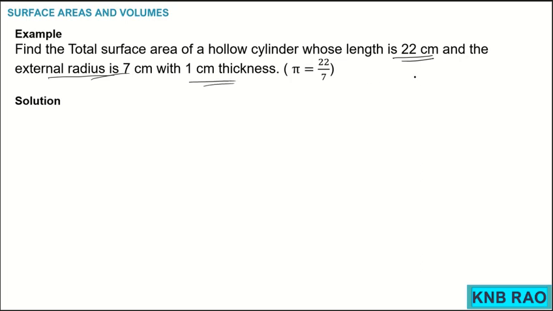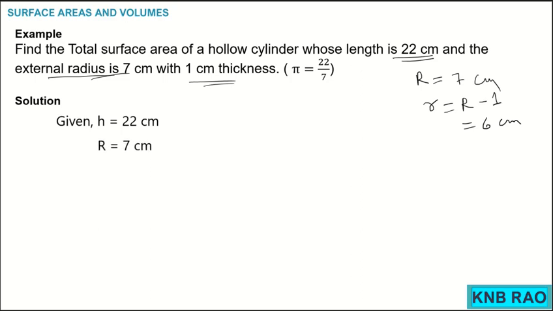See children, external radius means capital R is 7 and the thickness is 1 centimeter, so small r will be capital R minus that thickness. That's how 6 centimeter will come for the smaller. Okay, and h is given already, 22 centimeter. So capital R is 7 centimeter, small r is 6 centimeter, since the thickness of the wall is 1 centimeter.